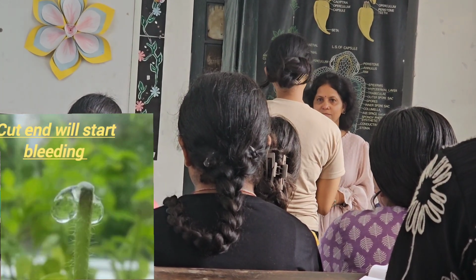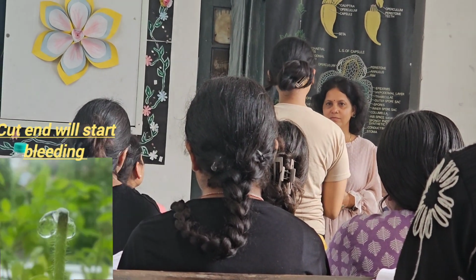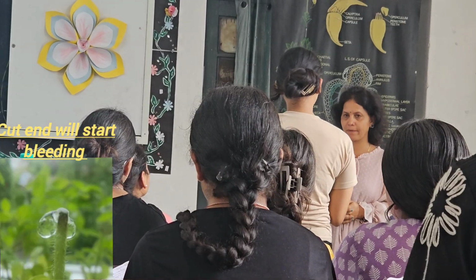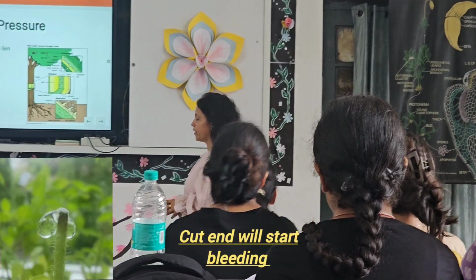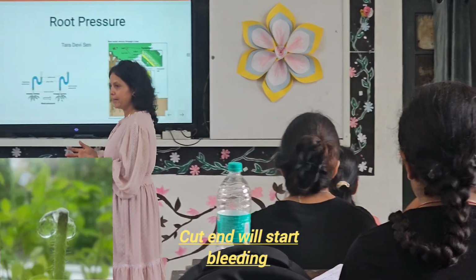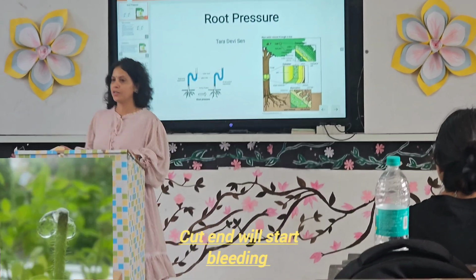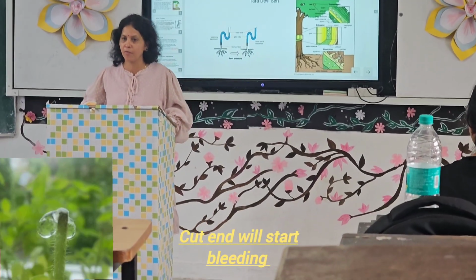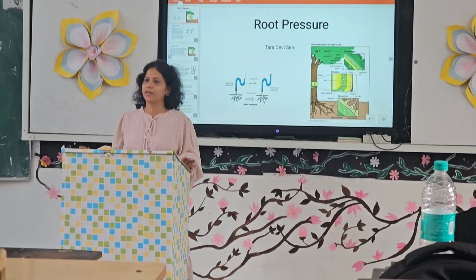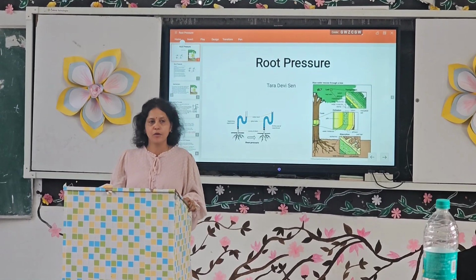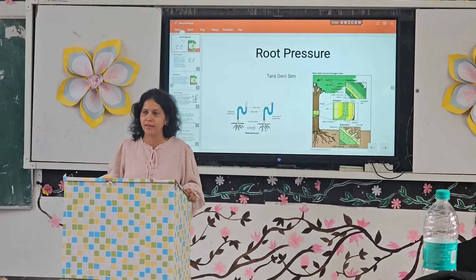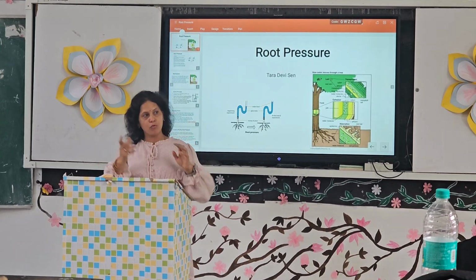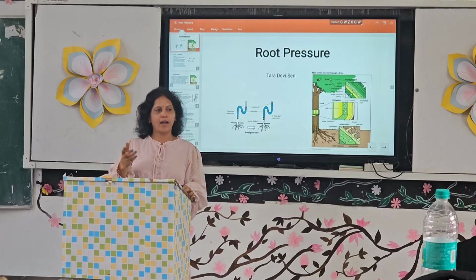Yes, plant water or sap will start oozing out from the cut end, and this is known as bleeding. It means whenever we cut a plant from its upper side, some water will come out due to root pressure, because in a normal plant water is transported through the tracheary elements, that is xylem, and there is continuity in water supply from the root to the shoot, also maintained by the transpiration pull.